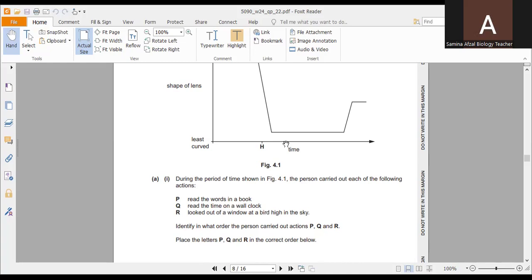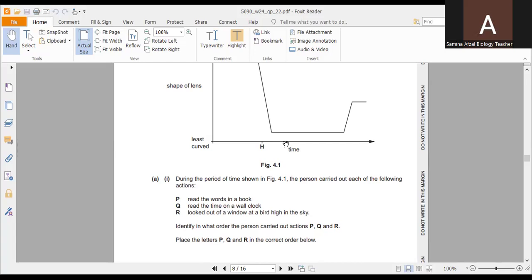On the other hand, reading the time on a wall clock is a medium distance, and the wall can be 2-3 foot away from the eye, or it can be more than 10 foot away. And R, looked out of a window at a bird high in the sky, which can be very far from the eye.